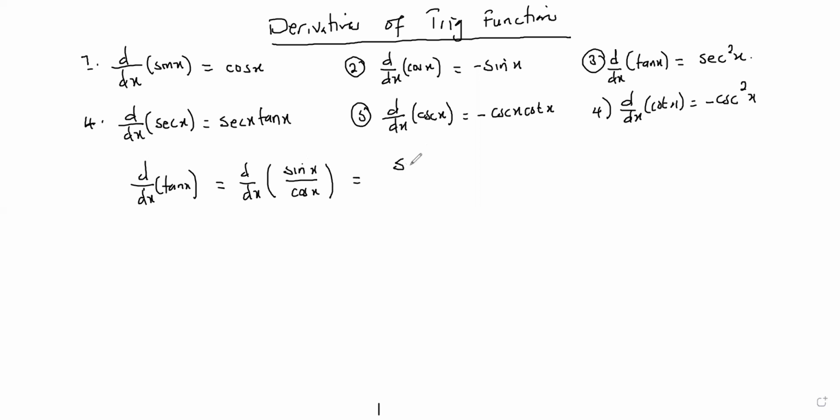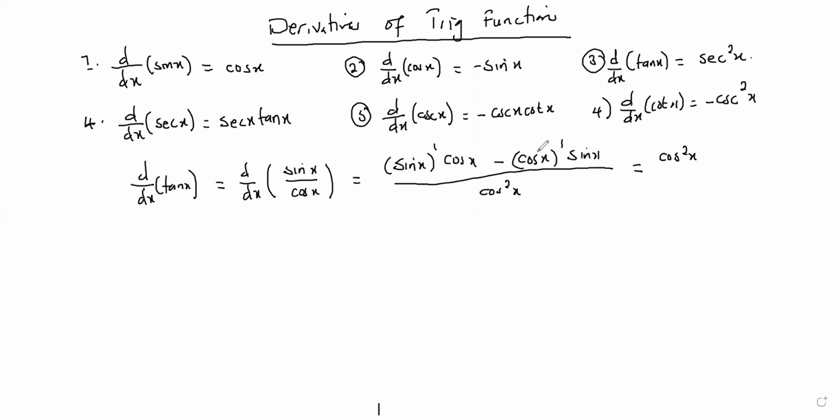So I'll first differentiate sine and then multiply by cos, subtract, I differentiate cos, then multiply by sine, and then divide throughout by cos squared. The derivative of sine is cos, so I end up having cos squared.